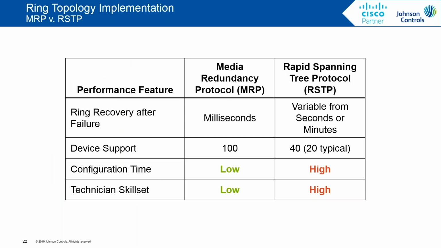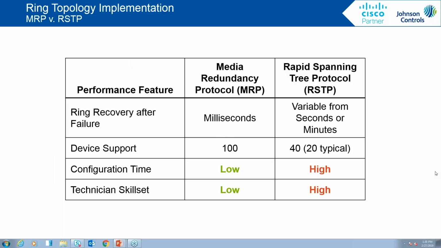On this slide, we will start with a brief high-level comparison of MRP and spanning tree. Let's start with the failure, which is recovery from that broken cable, which we saw. In Media Redundancy Protocol, it's measured in milliseconds, and it's deterministic.